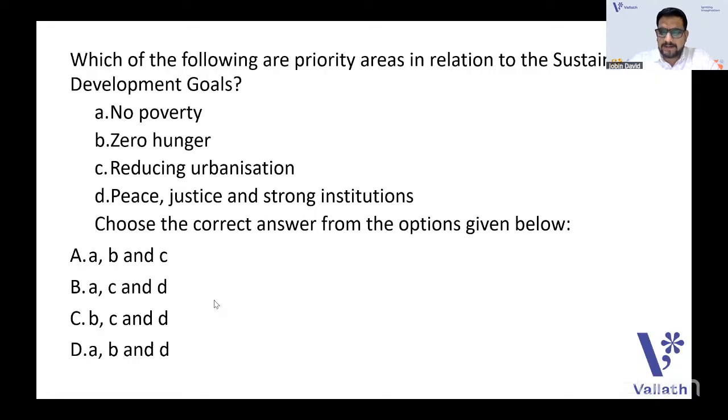Very easy question. It's A, B, and D. Reducing urbanization is not in the Sustainable Development Goals. No poverty, zero hunger, and peace, justice, and strong institutions are there. So C can be eliminated.